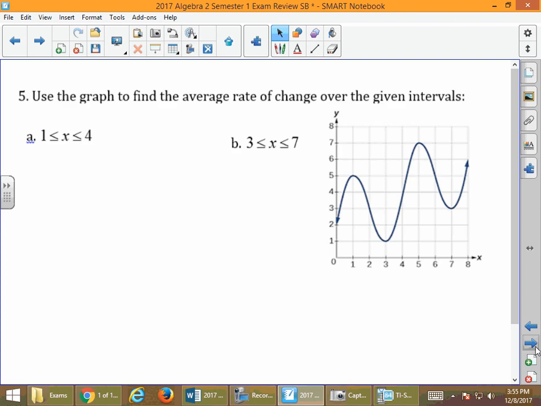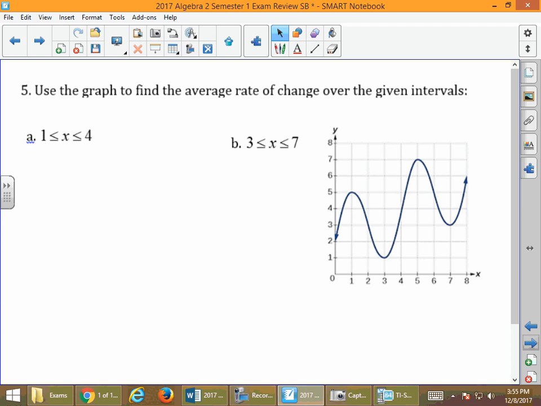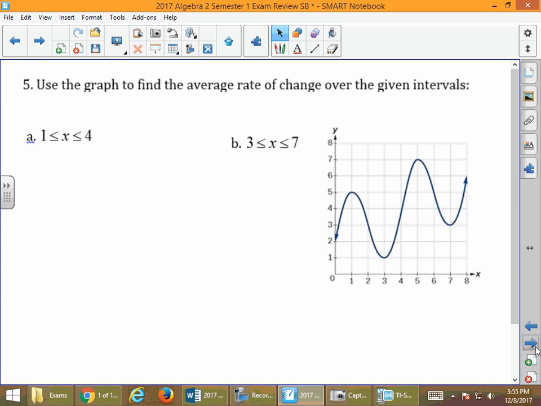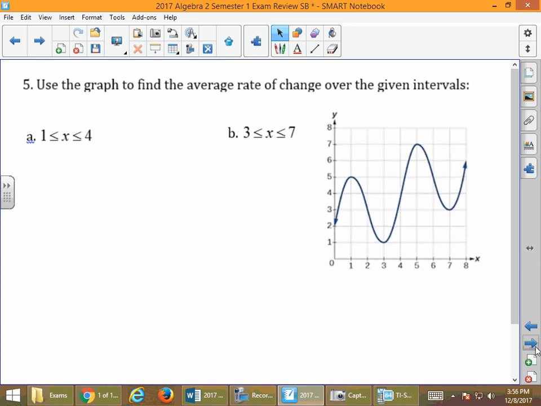Finally, let's look at the average rate of change with respect to the graph. And by the way, you can always go back and use a corresponding point. But ultimately the average rate of change here is its slope. So if we look at the value here of 1, when x is 1, our y value is 5. And when we look at our x value of 4, what we see here is that 4 corresponds to that point.